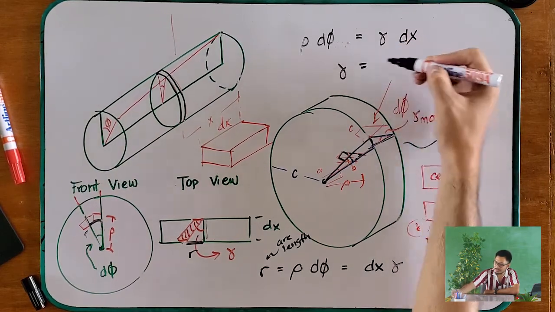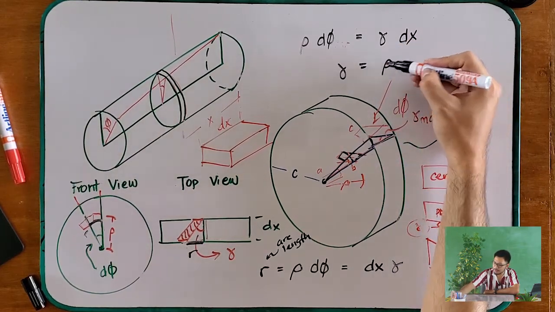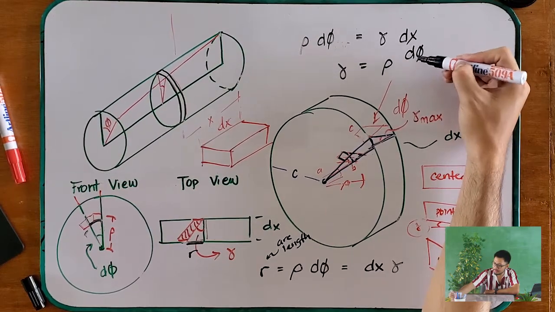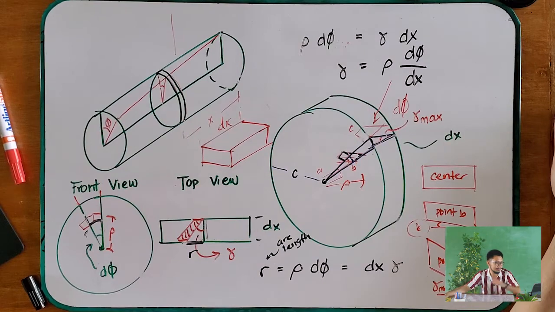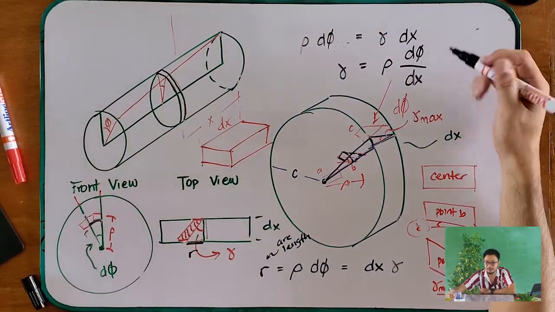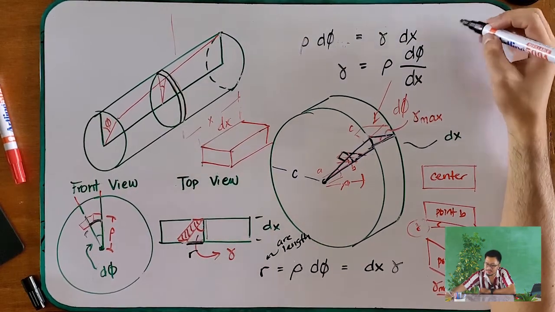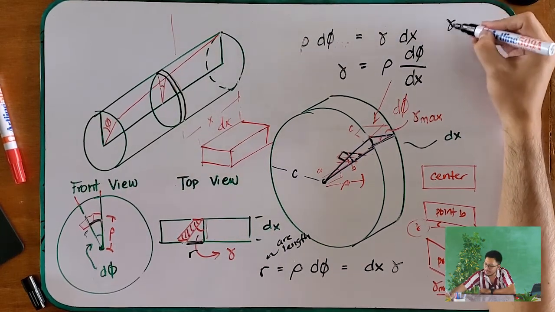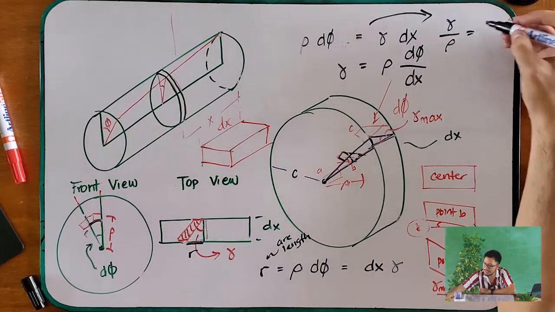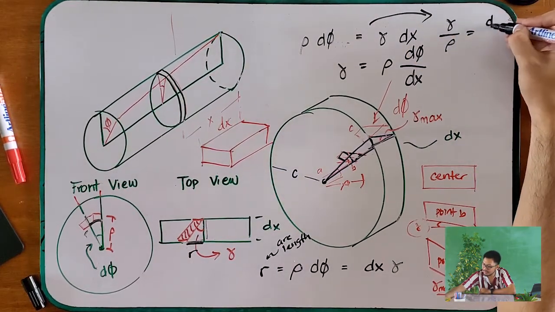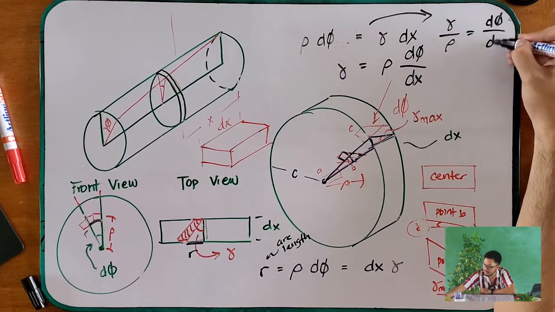Gamma is equal to rho d phi over dx. Okay? And if we manipulate this equation, we can have gamma over rho is equal to d phi over dx.